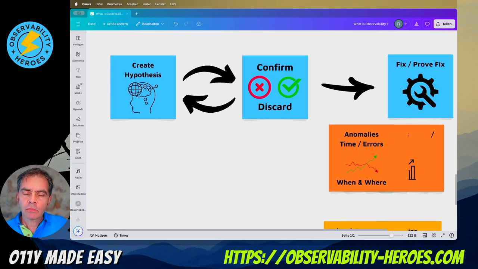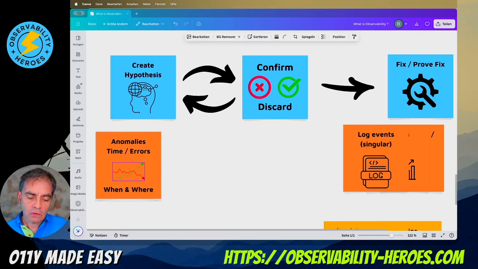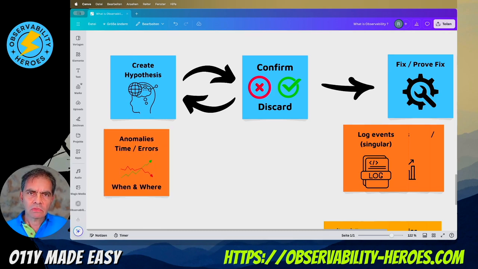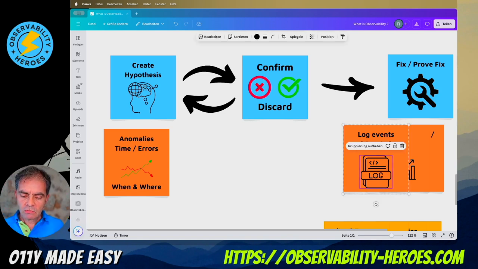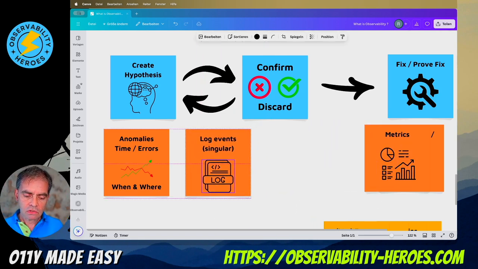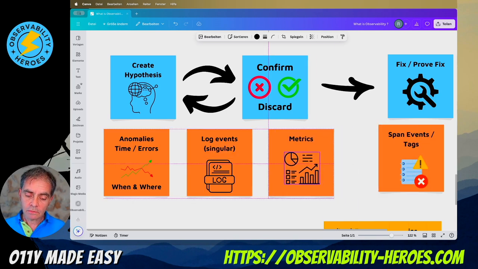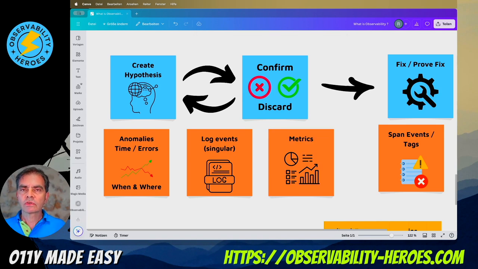To create a hypothesis or a theory, we need to have a look at anomalies, times, errors, and check when and where something happened. That means we need log events, usually singular, that already tell us that something went wrong, that some error happened. But that's not enough. We need metrics as well to tell us about the performance of certain components.